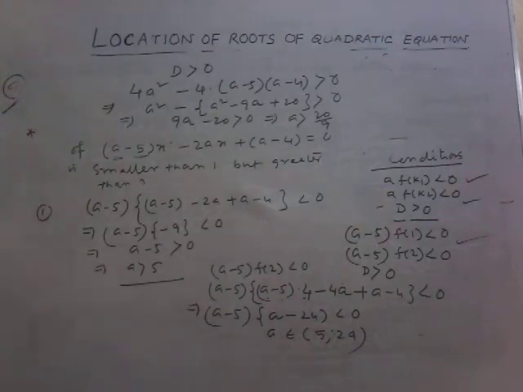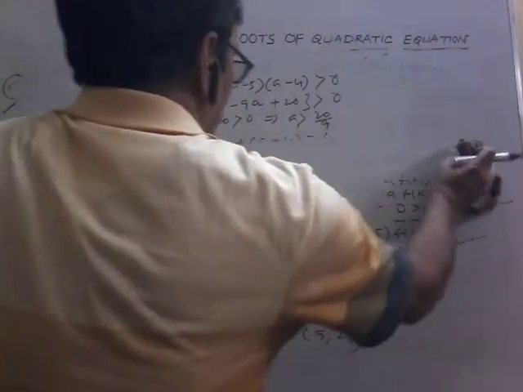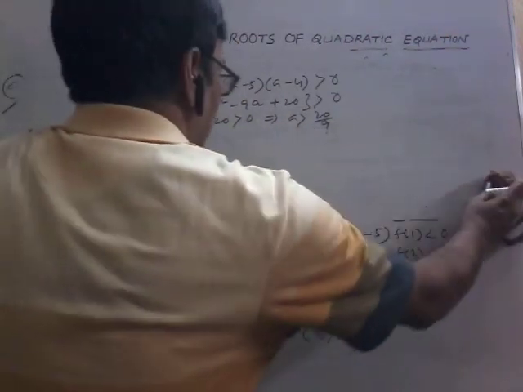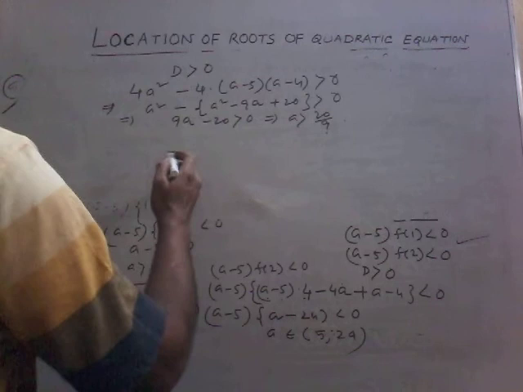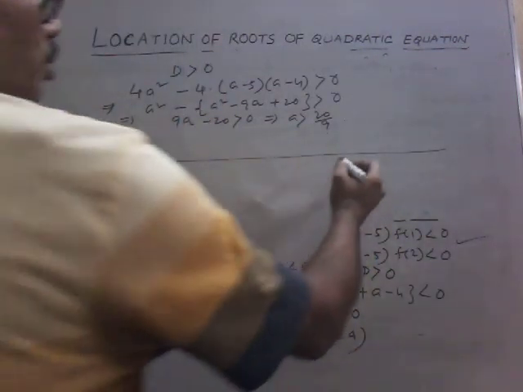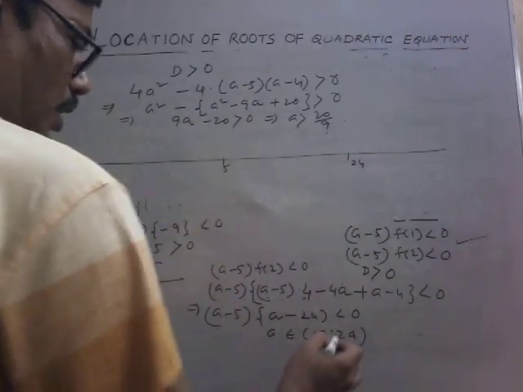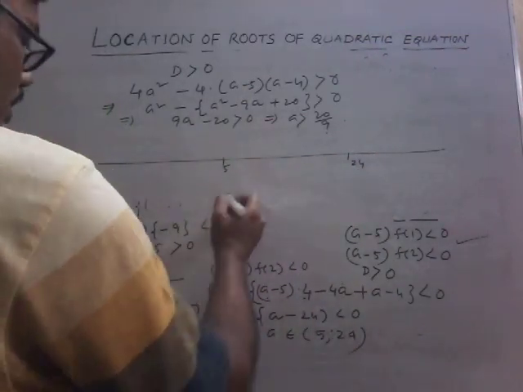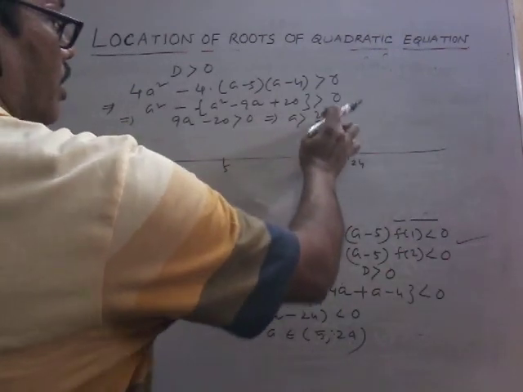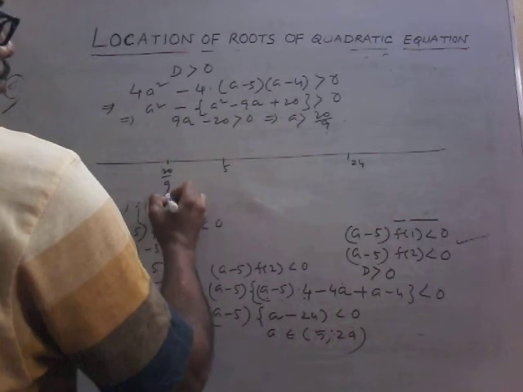So we are getting 3 cases. Finally we write the answer. Look, 24, this is 5, and this is approximately 20 by 9.